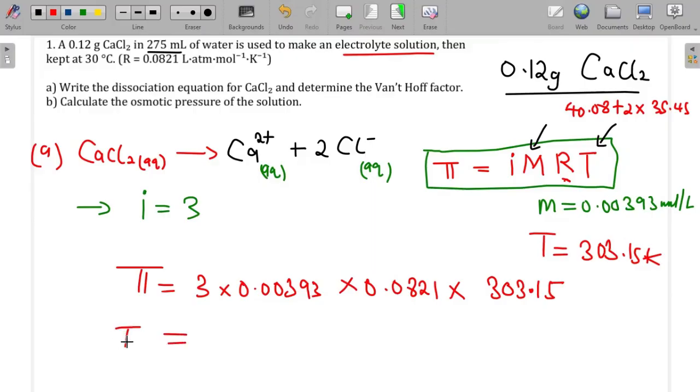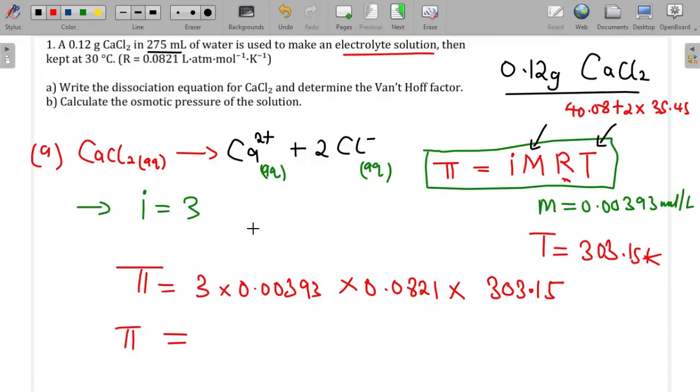Okay, so what will be my osmotic pressure? I'm just going to multiply that throughout. So 3 multiplied by 0.00393 multiplied by 0.0821 multiplied by 303.15. So what do I get now?